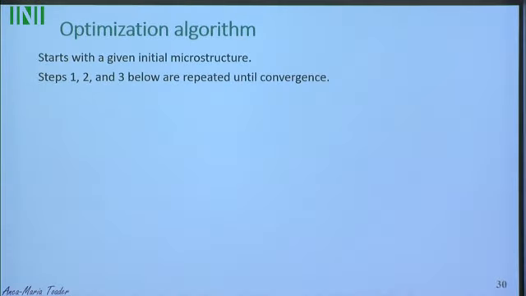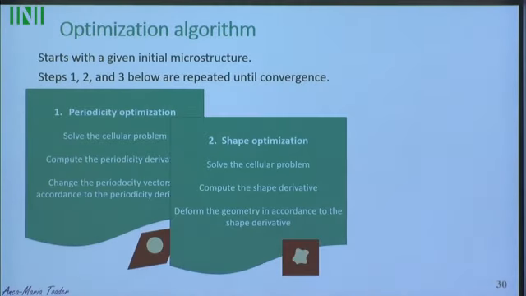So about the algorithm, we shall start with the initial microstructure, which is usually constant in the whole domain. And then we shall perform 3 steps, periodicity, shape, and topology until convergence.